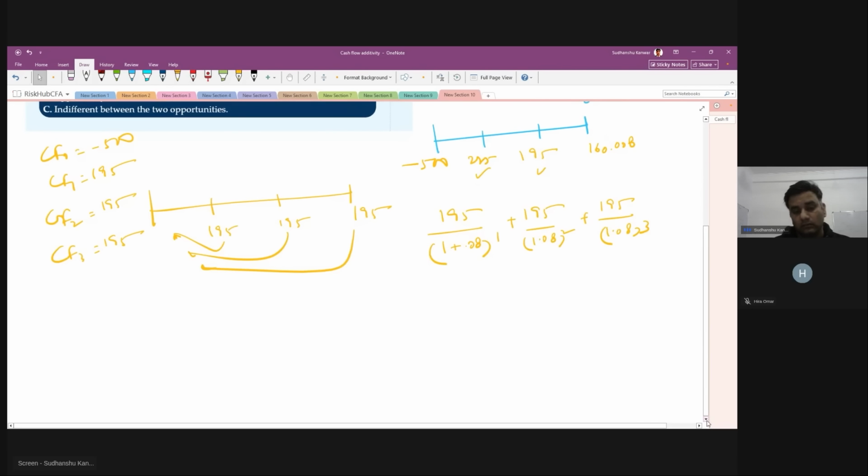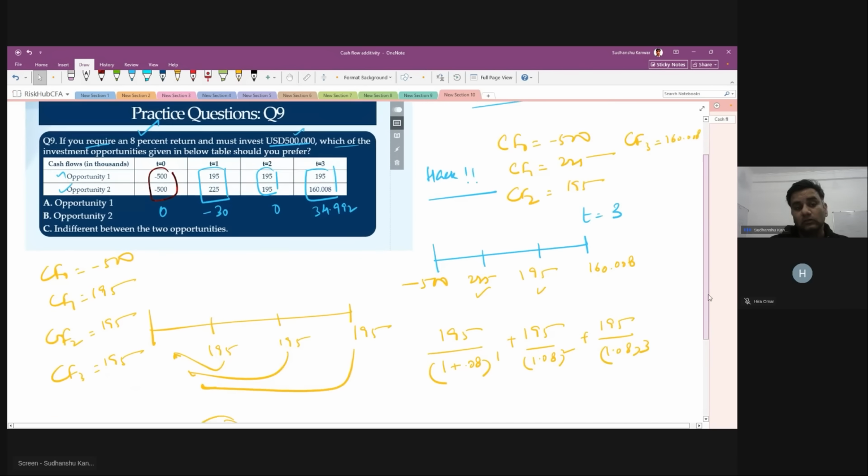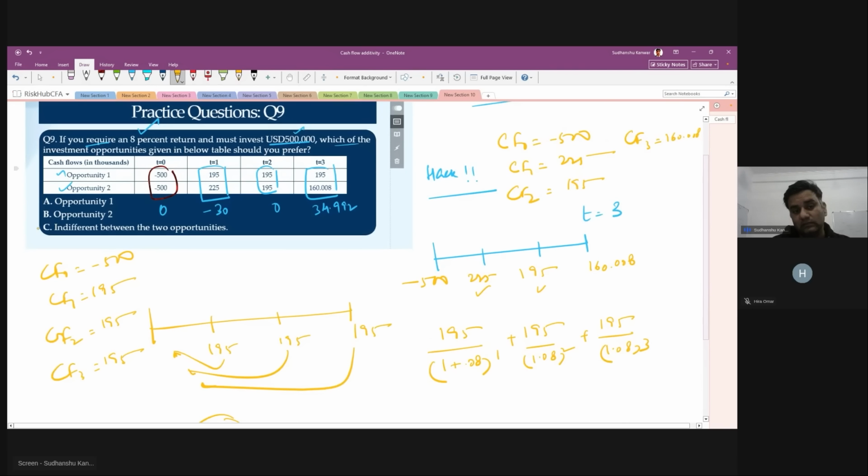When you solve both of these in your calculator, you will realize that both ways the value comes out the same, so it will be indifferent between the two opportunities, right? So try it out anyway, whatever you want to feel.